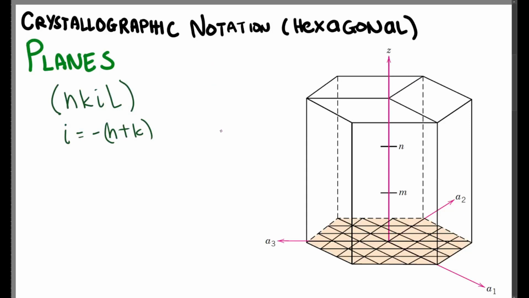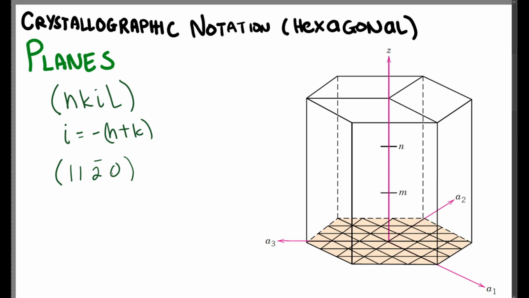And finally, let's say you want to draw a plane in our hexagonal crystal. How would we do that? Let's say we have this plane here, 1, 1, 2 bar, 0. To draw this plane, we just use the same method that we did for our Miller index in 3 dimensions.